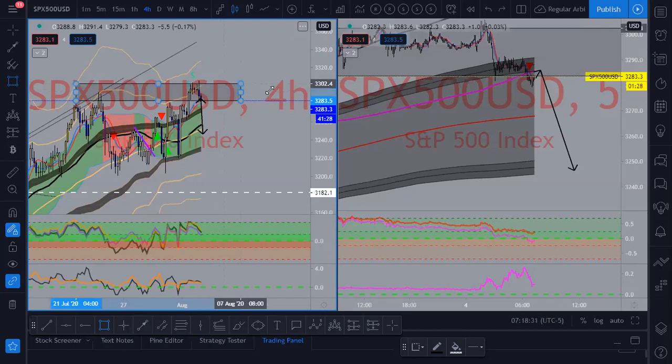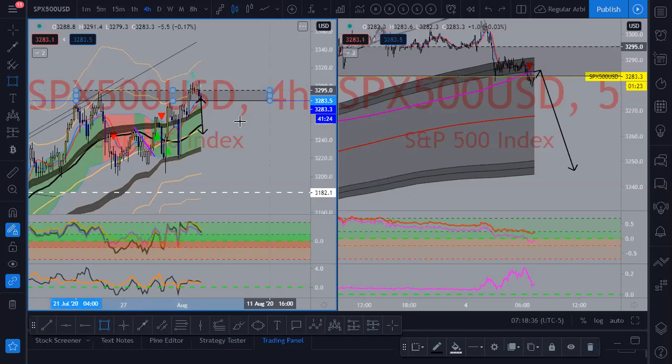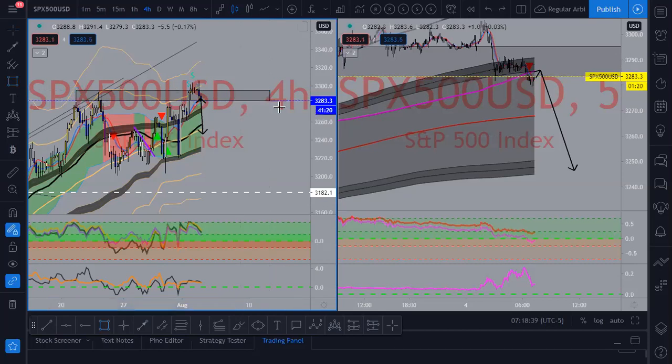I'm sorry, I'm just trying to wrap my head around it. So Eastern 9:30, Central 8:30, Mountain 7:30, and Pacific 6:30. That's when the opening bell happens, and that's when the most volatility in SPX 500 happens. So you'd want to watch out for that. But I do like the sell.